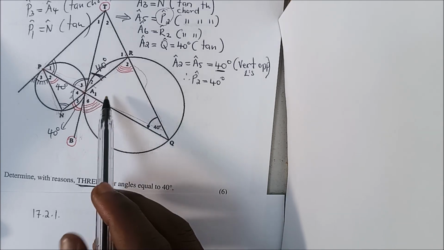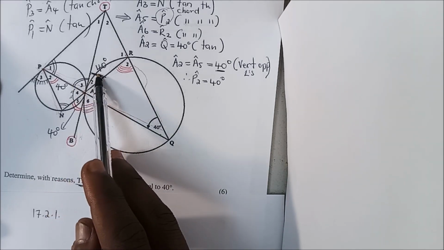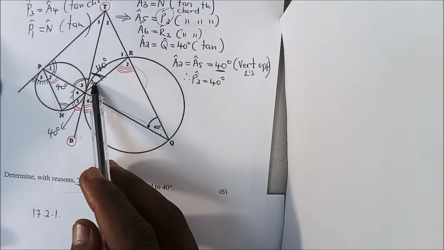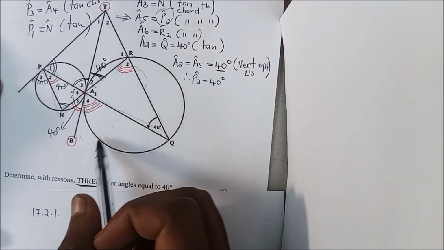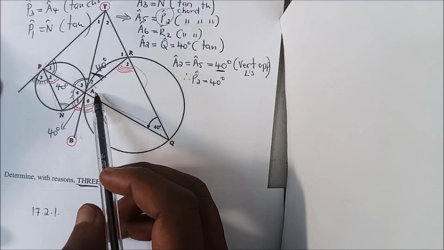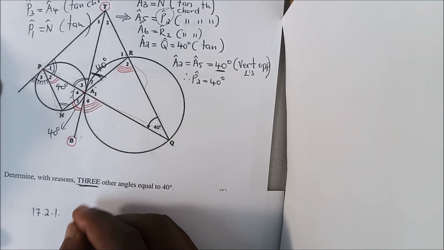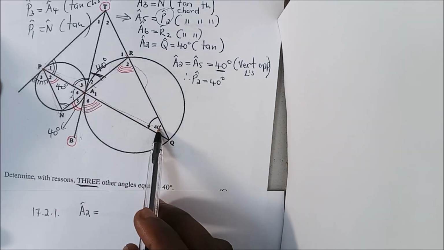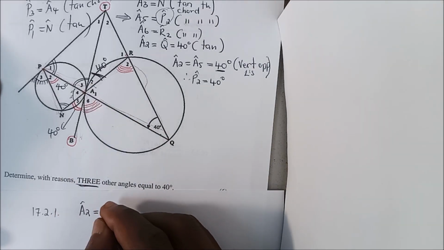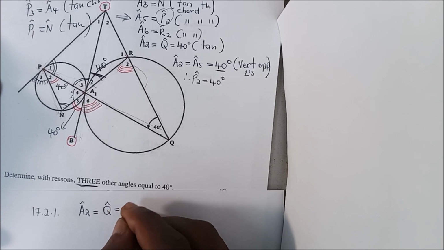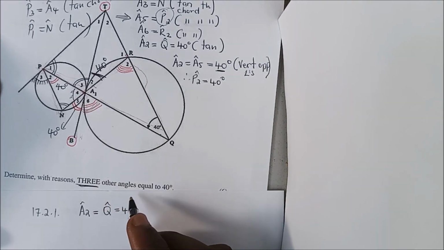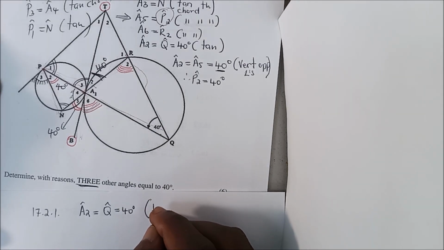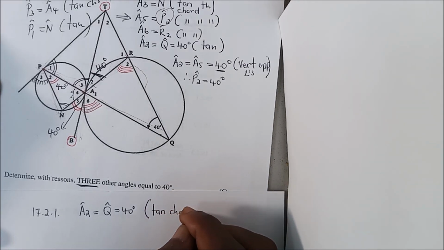So now if you check, we have 40 degrees in our sketch. The first one was A2. Yeah, we said A2 is equal to Q is equal to 40 degrees. What was our reason? We said A2 equal Q. So the reason was tan chord theorem.